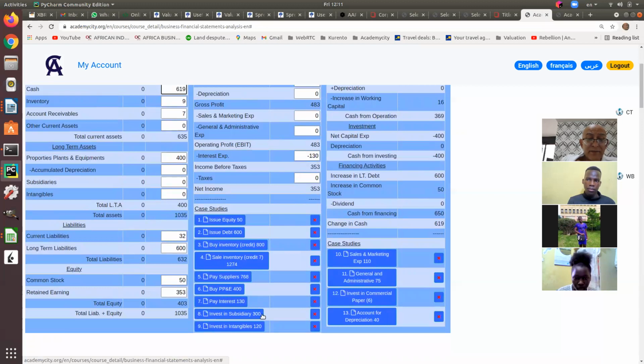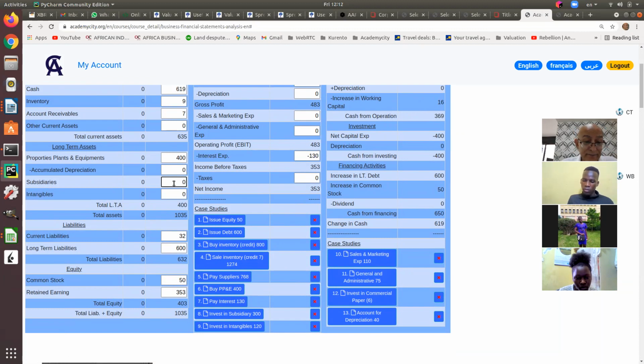Investing in subsidiaries, meaning buying another company. How much did I pay? 300. So I'm expecting my cash to go down by 300, and like we had the property, plant, and equipment, we'll have subsidiaries at 300. That is it. No effect on the income statement.